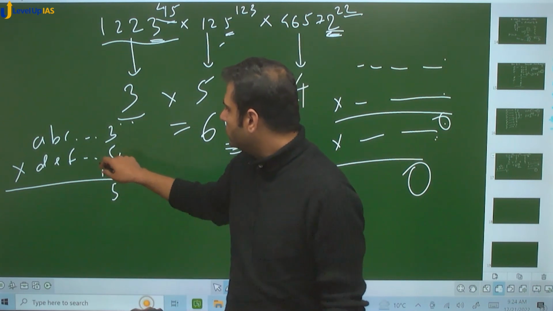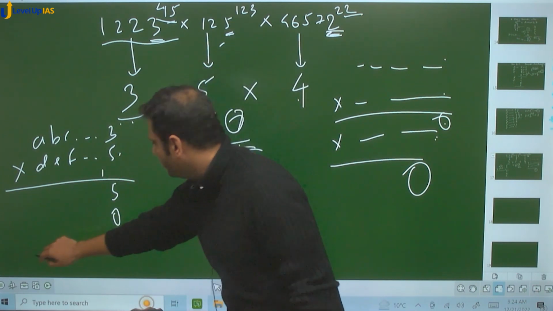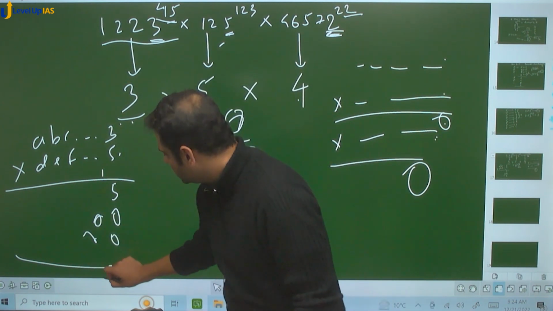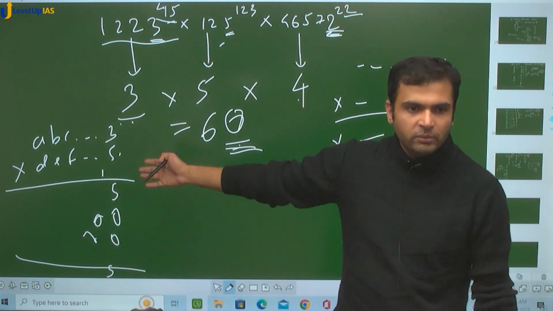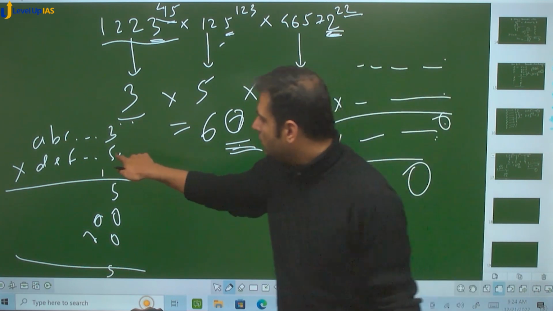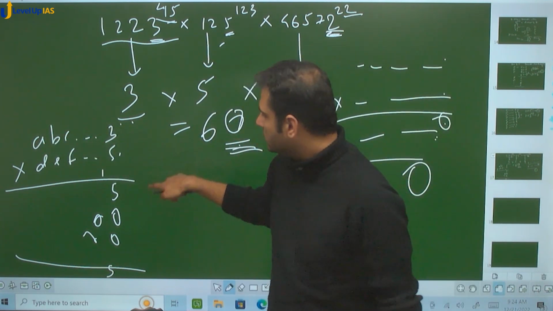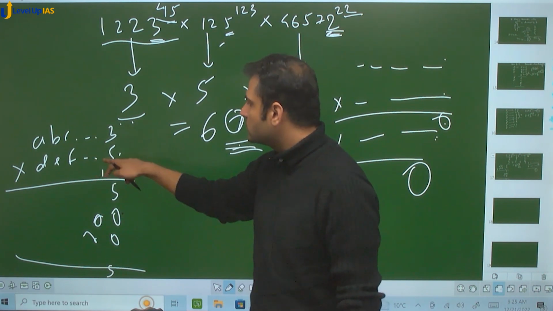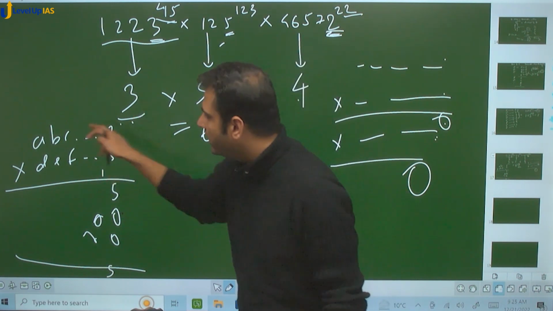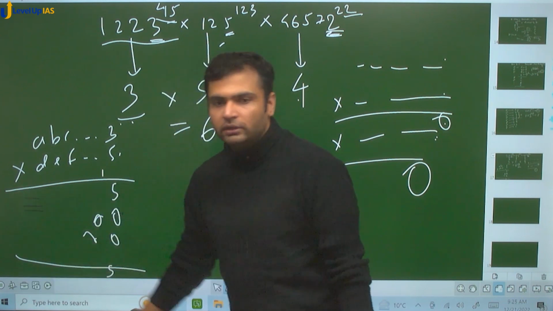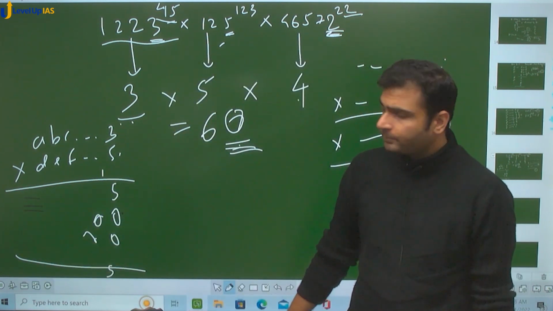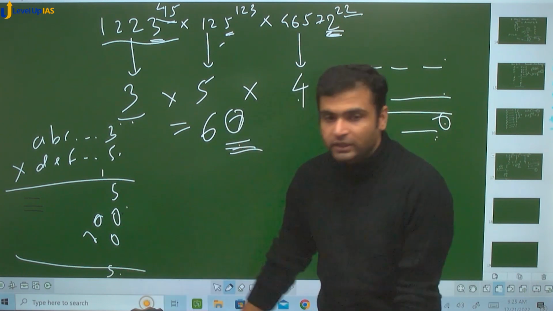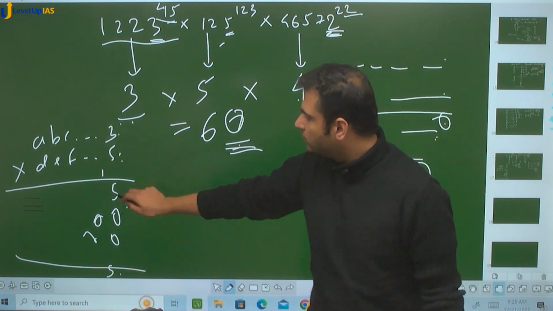When we multiply other things, everywhere else you get 0, 0, 0, multiple zeros, and you add those things. That is how we multiply two big numbers. 5 is multiplied by all these numbers and that is written here. Then the second last digit is multiplied by all these numbers, you write that in the second line and so on. You add all these things. Basically, in the units place you will still get 5, which is nothing but the 5 from 5 into 3.